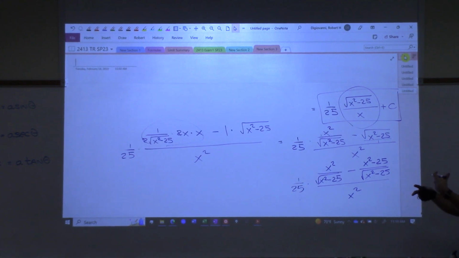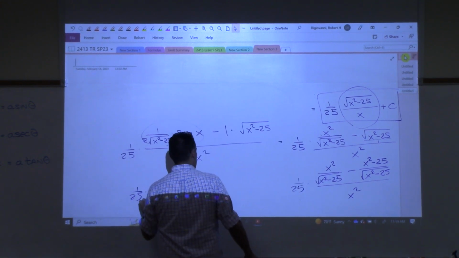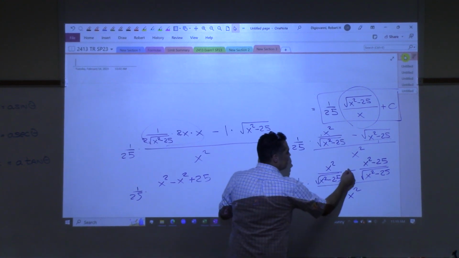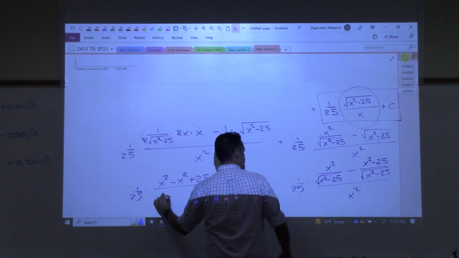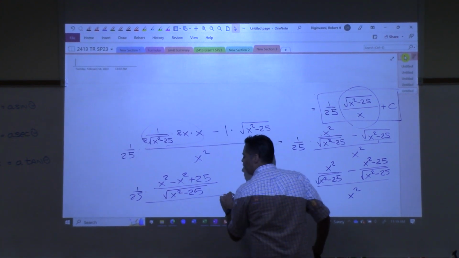Now I can combine those so long as I distribute the negative through. So I have 1 over 25 times x squared minus x squared plus 25, negative, negative is positive, all over the square root, this common denominator, and then all of that over x squared.